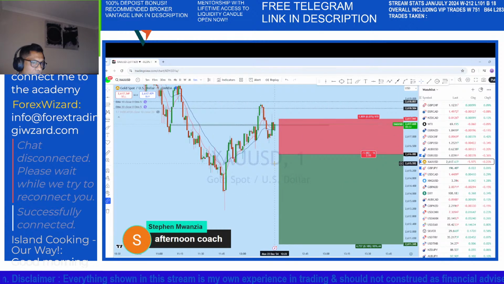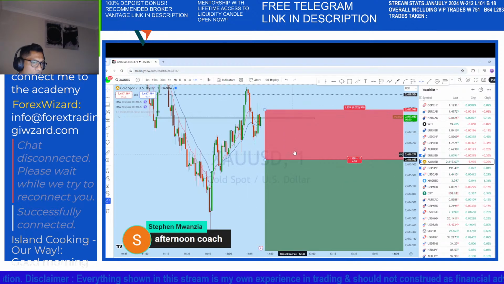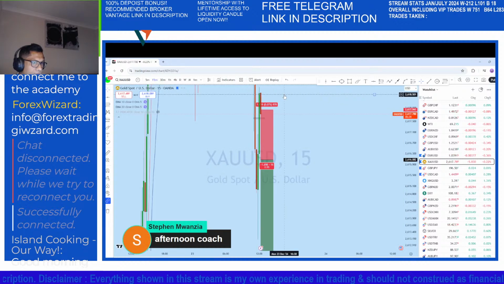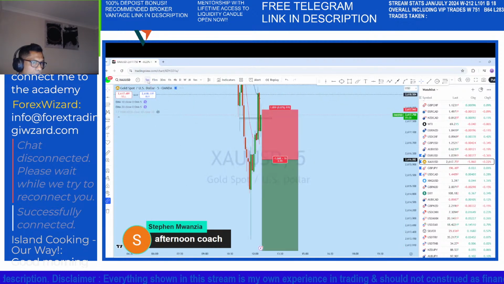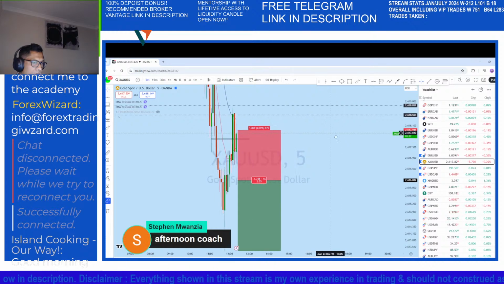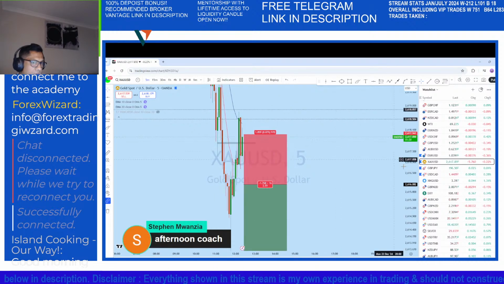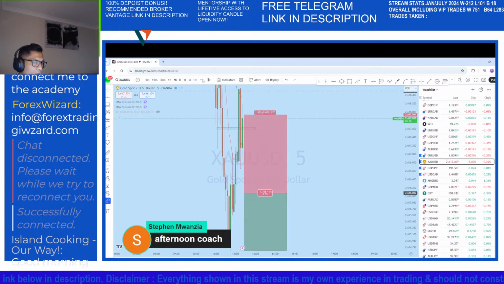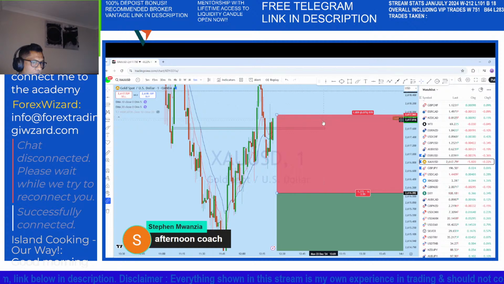With that break of structure below the level, we can look for, now looking at the 1 minute.